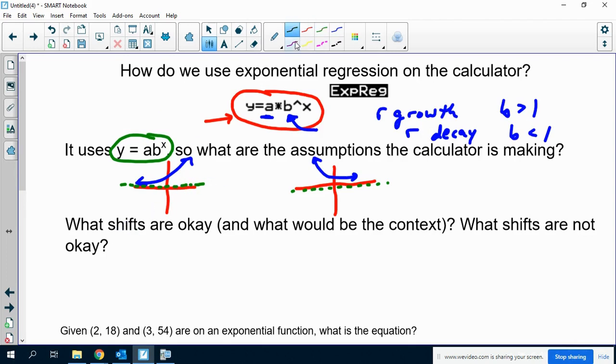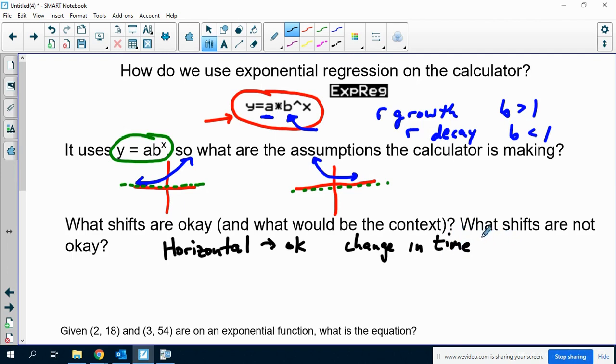But there is a shift that's okay. So, horizontal shifts are okay. And that's because the context is just a change in time, usually in the problem. So that means after I started counting 5 minutes later, it would be such and such. Well, what if you started counting earlier?